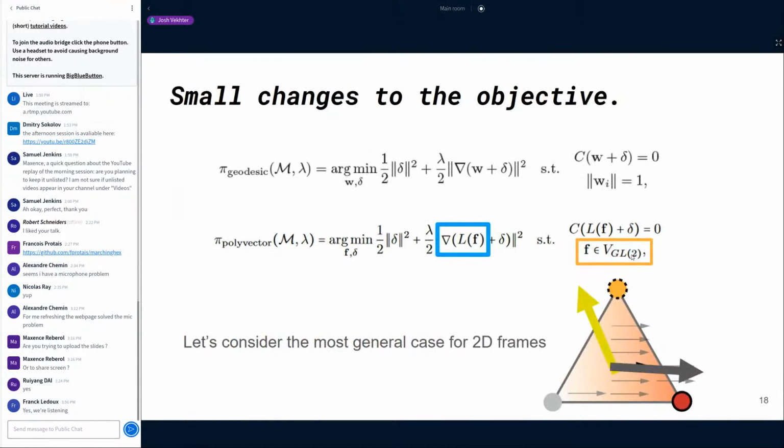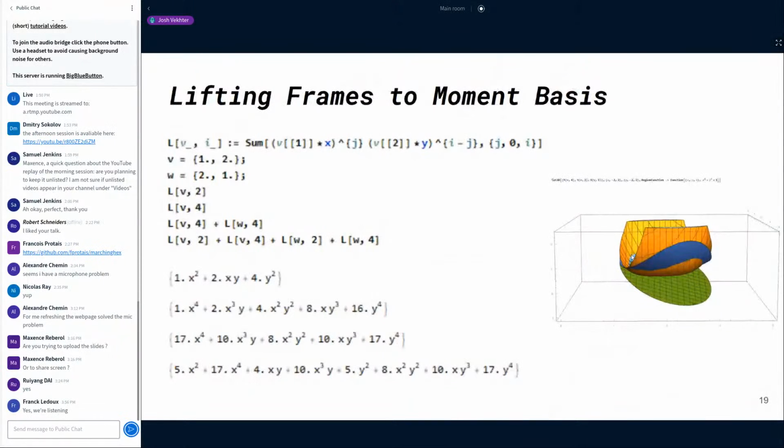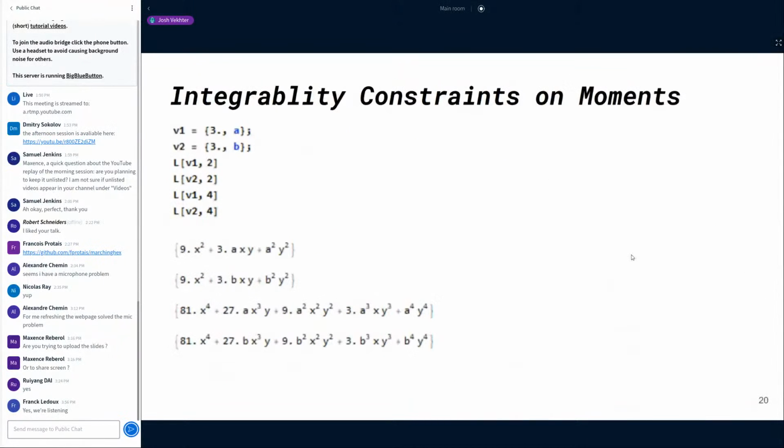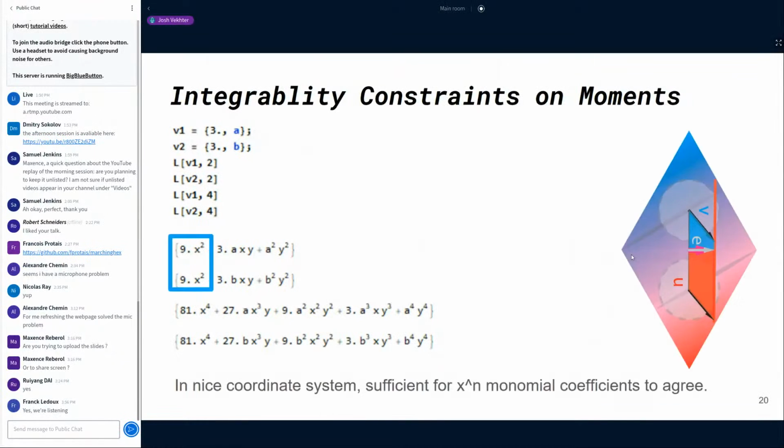Then we need integrability. How do you define integrability? Well, in 2D it turns out this is pretty straightforward. In the most general case, we take two vectors who agree in the x coordinate but have arbitrary y coordinate. There's always going to be one monomial term that doesn't see the y component. If you're in L2, it'll be the x squared term. If you're in L4, it'll be the x to the fourth term.